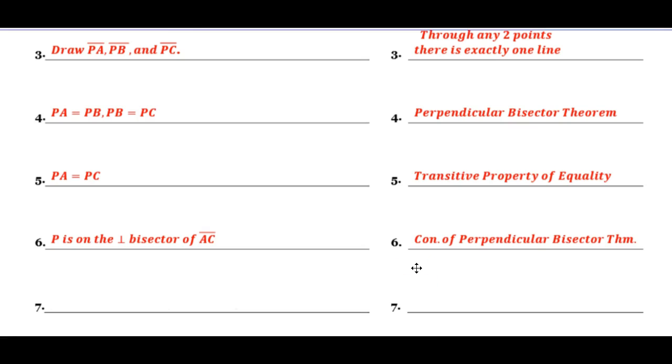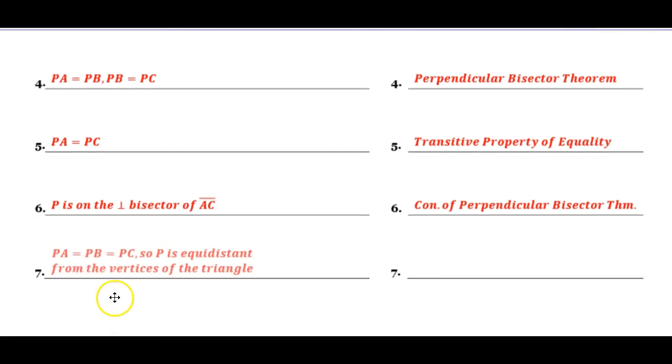P is a point outside our segment, but it is equidistant to the endpoints of the segment. So, therefore, it must lie on our perpendicular bisector. So now I know that all three of these little segments, PA, PB, PC, are congruent, are equal. So P is equidistant from the vertices of the triangle. And that's our definition of equidistant. We are the same distance from at least two figures.